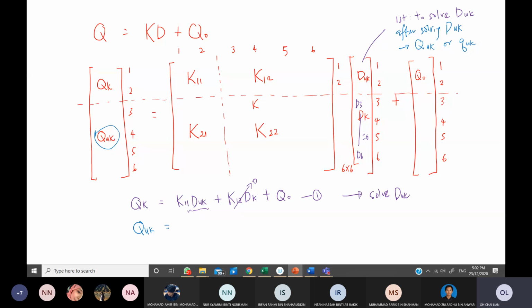It will be equal to, following the row, K21 multiply DUK plus K22 multiply DK. But now this is no more DUK. You already found the answer, so you just multiply with that answer.